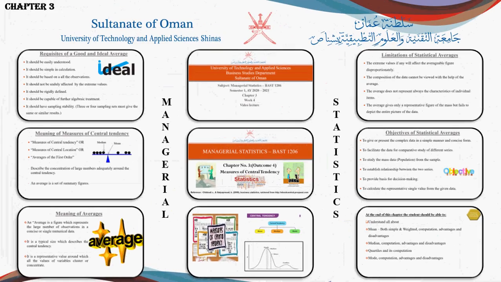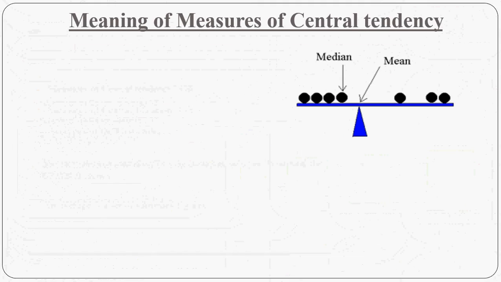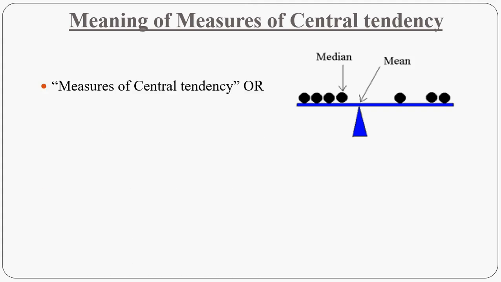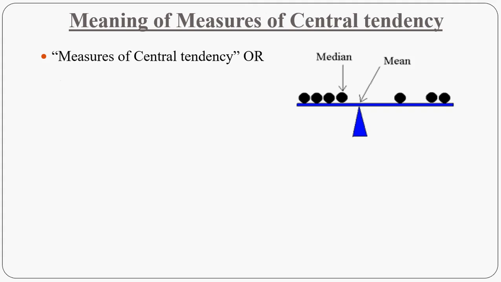Now let me explain the measures of central tendency. As you can see in the picture, from the center we are going to identify the mean, median as well as mode. So measures of central tendency, or we also say measures of central location.